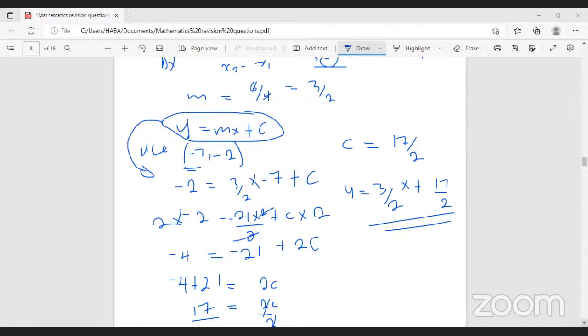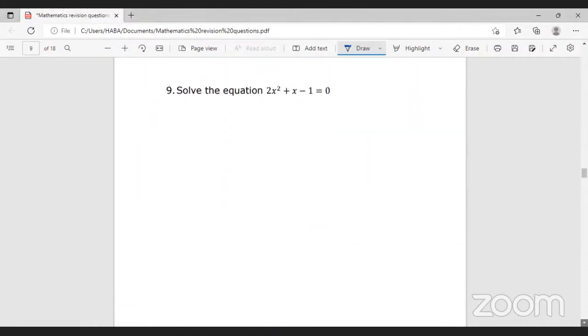Now the number: solve the quadratic equation 2x squared plus x minus 1 is equal to 0. Any idea of how we solve it? Yes, solving quadratic equations.